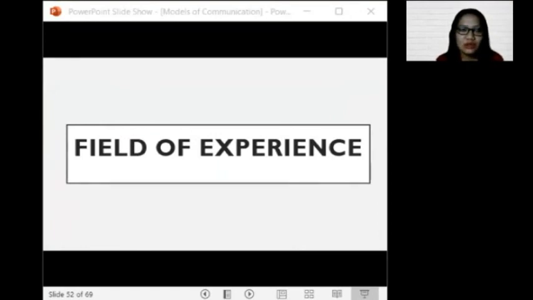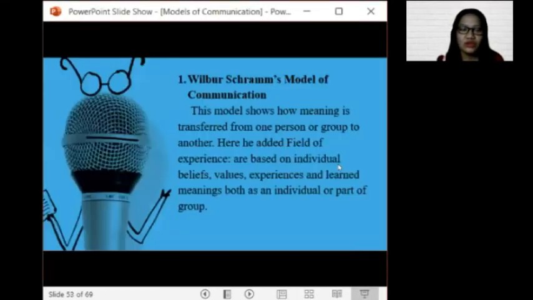In this model of communication, it also has six elements: source, encoder, message, channel, decoder, receiver. And he gives more emphasis on encoding and decoding of the message, and the field of experience. Wilbur Schramm created this model of communication and he is known as the father of mass communication.